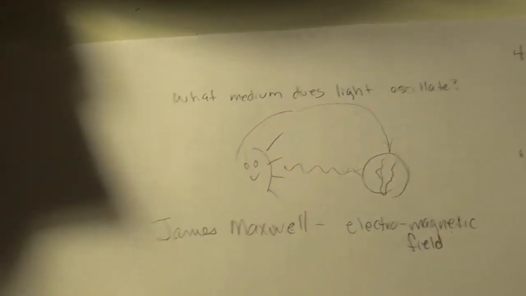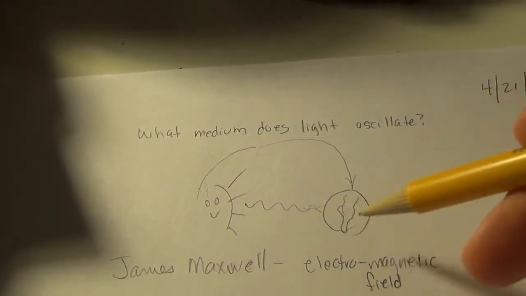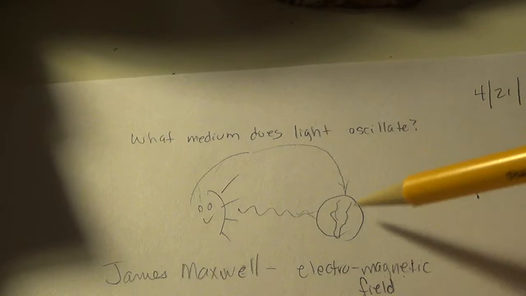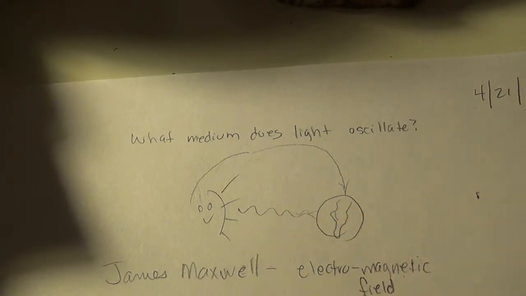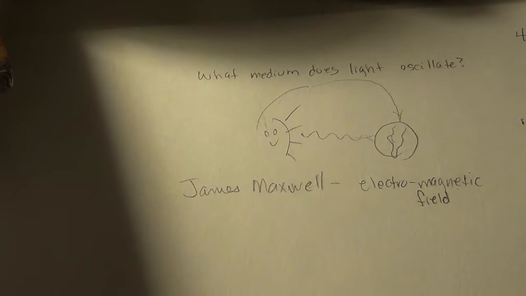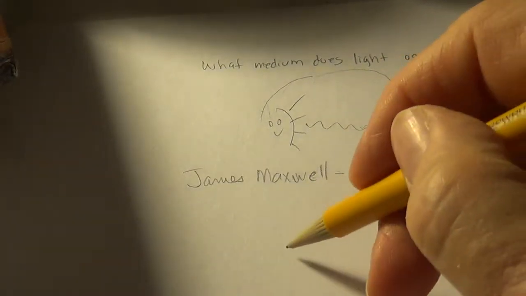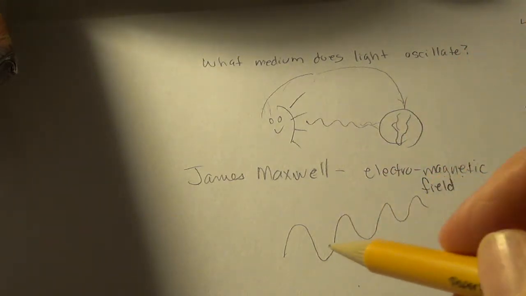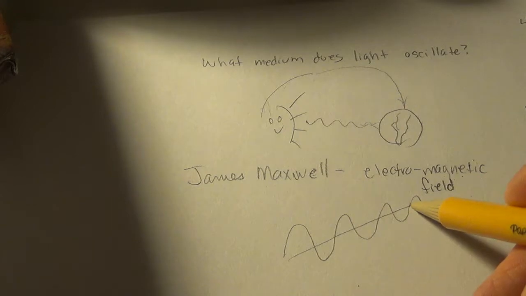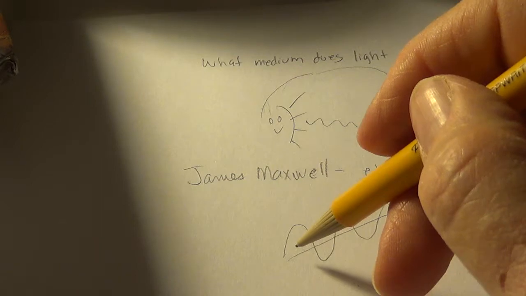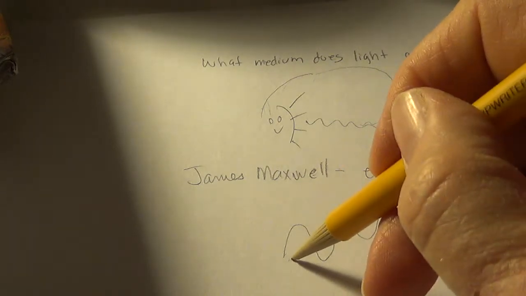All right, so on those notes, please indicate that James Maxwell identified what medium light oscillates, and it was the electromagnetic field. On those notes, I drew a picture of the electromagnetic field, and it looks something like this, in that the electric field might go this way. So if I'm going back like that, and perpendicular to that is the magnetic field, this is the electric field, and this is the magnetic field.